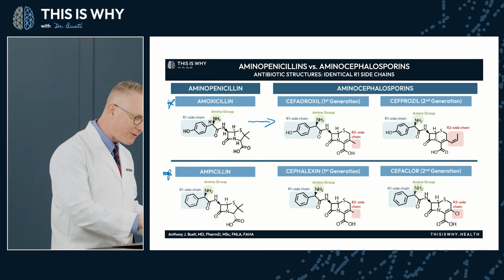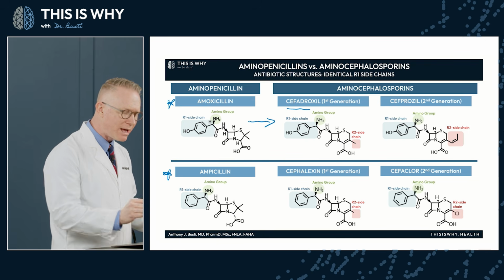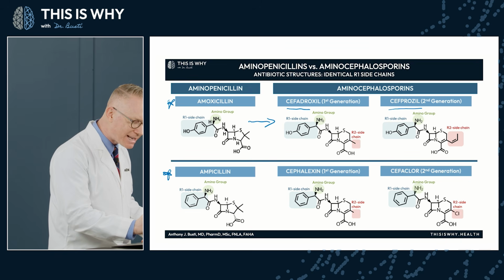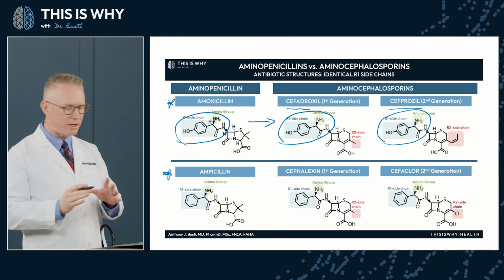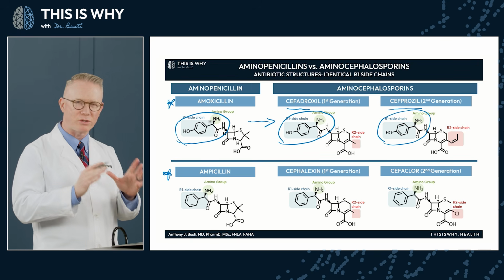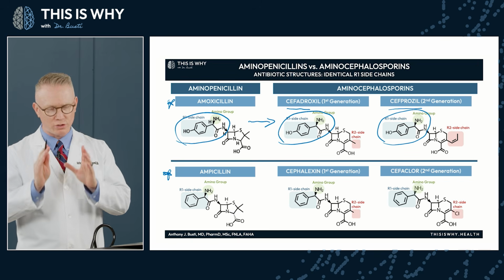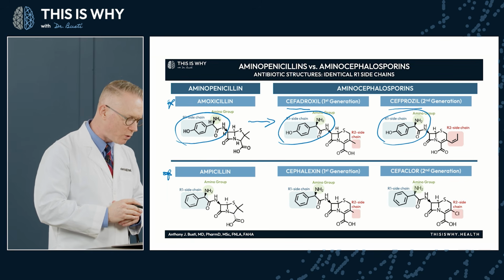So you see that cefadroxil, which is a first-generation cephalosporin, and cefprozil, a second-generation cephalosporin, have exactly the same R1 side chain with that amino group there. They're all the same. And that's why that cross-reactivity is greater with amoxicillin. So cefadroxil and cefprozil are the ones, if you have someone with a true amoxicillin allergy, that you'd want to avoid.